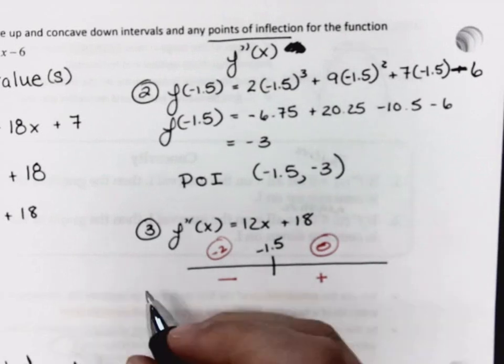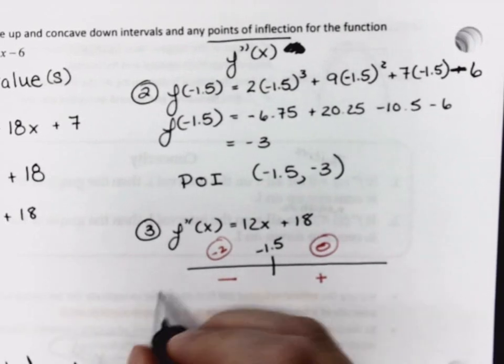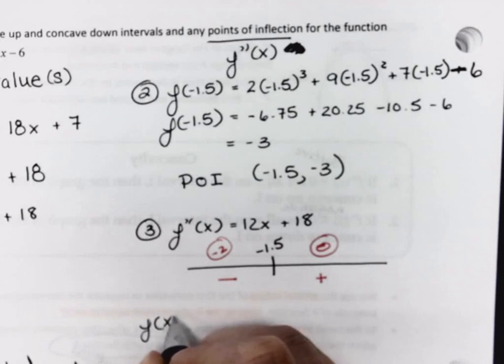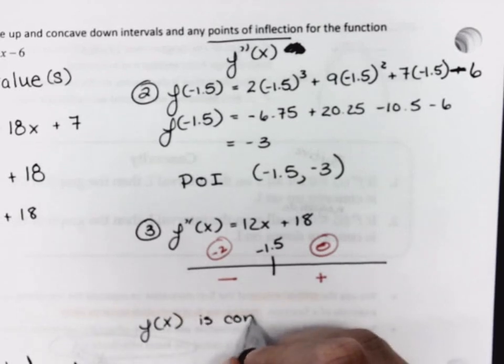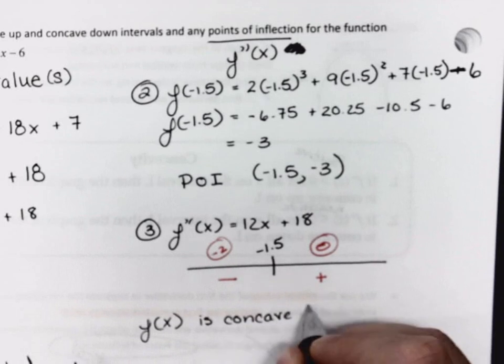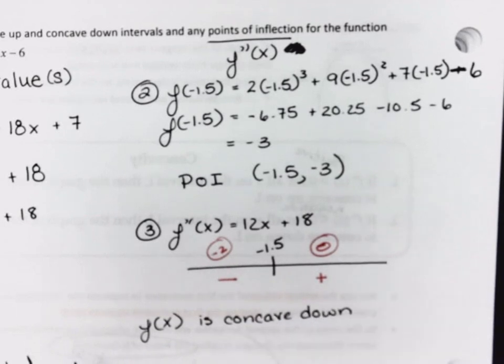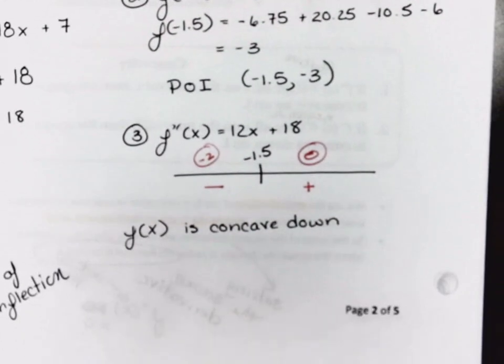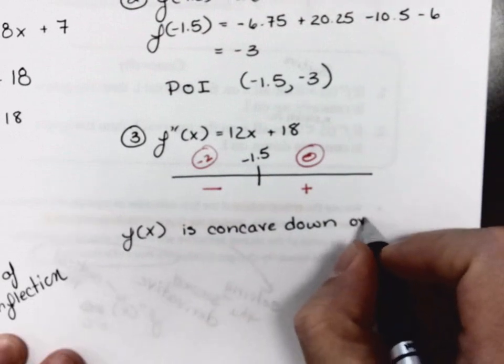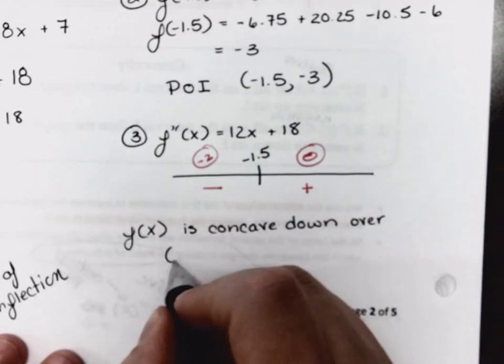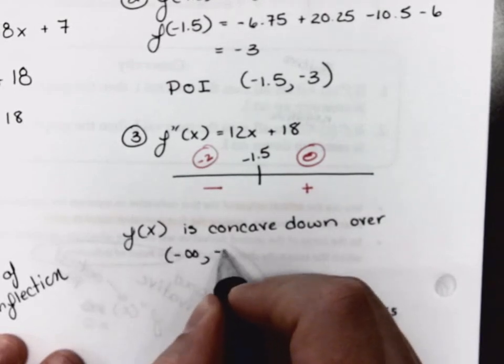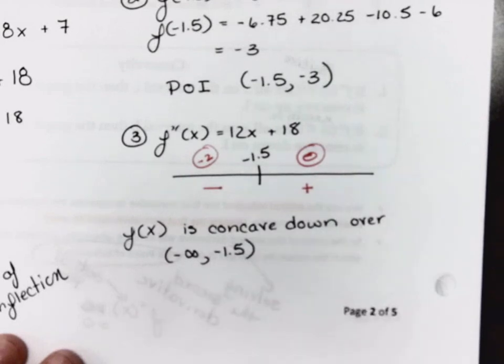So what we know about the original graph, f of x: what's the interval that f of x is concave down over? Negative infinity to negative 1.5, not inclusive.